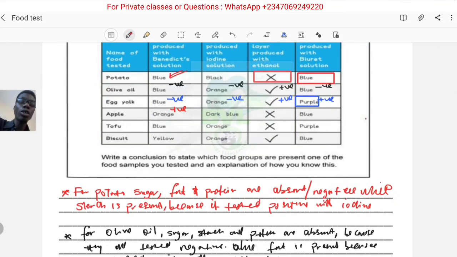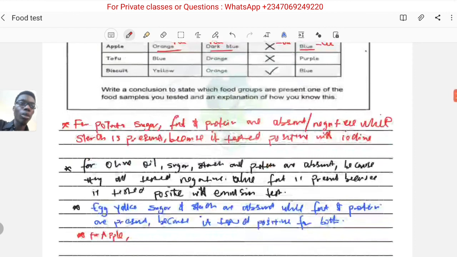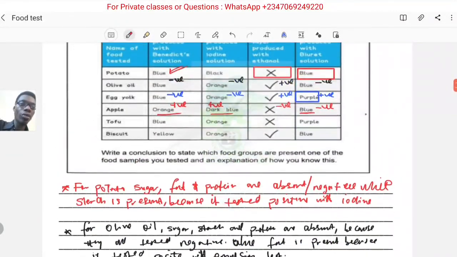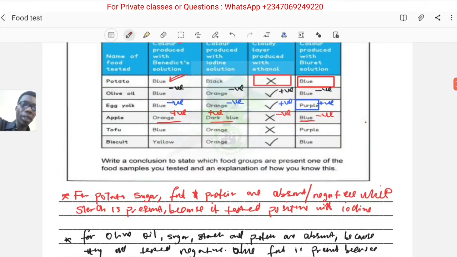In fact, that orange means it has a good level of sugar. Then this is dark blue, that's like blue black, which means it's positive, so it has starch. For the next ones it is negative because the color remains the same. So let me just analyze the rest, and you just write it the way I've been writing the whole thing.